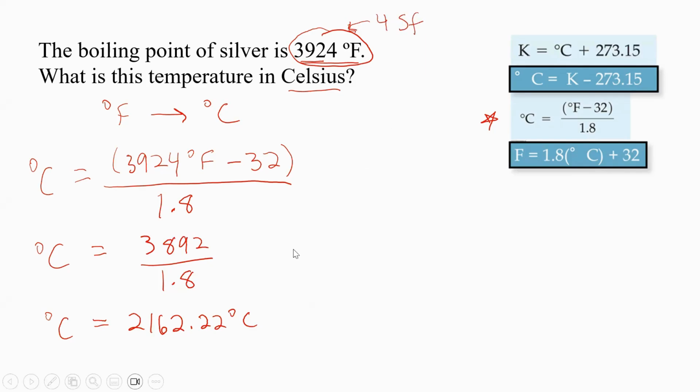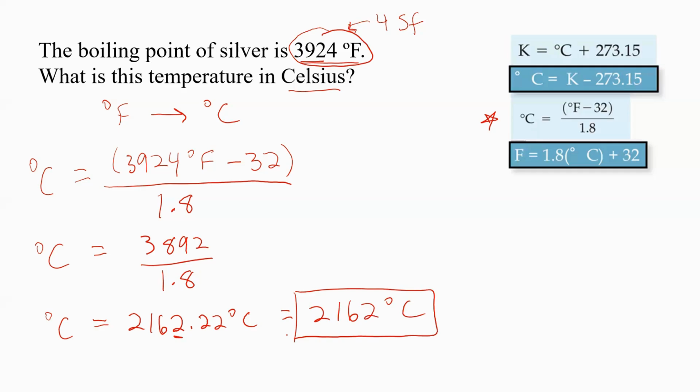So we're going to round our final answer to four significant digits. We look at our fourth sig fig. This is our first, second, third, and fourth. There's a 0.2 afterwards. So this should round it down to 2,162 degrees Celsius if you are rounding this to the correct number of significant figures.